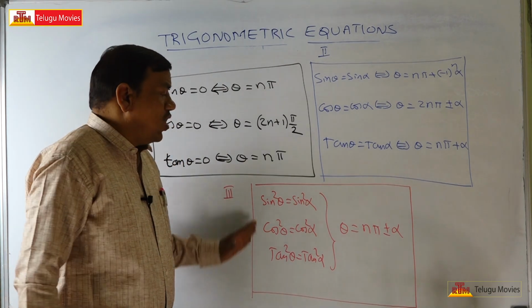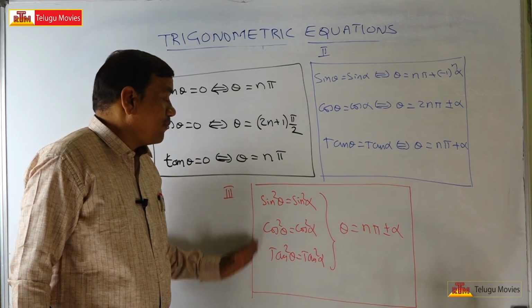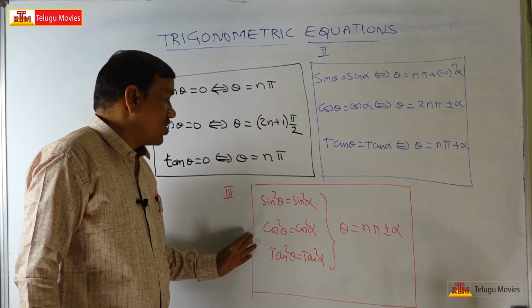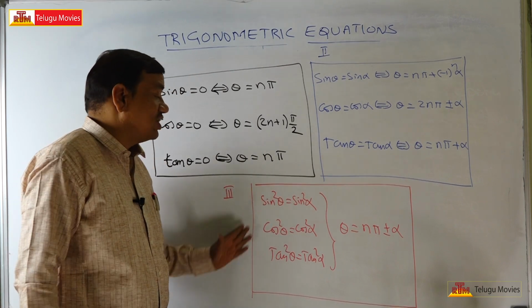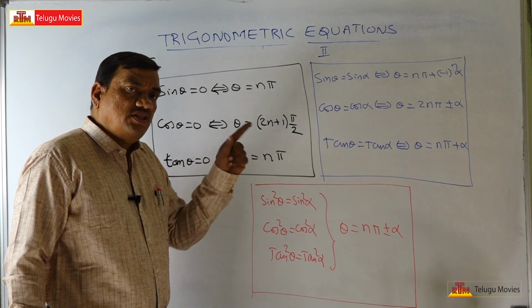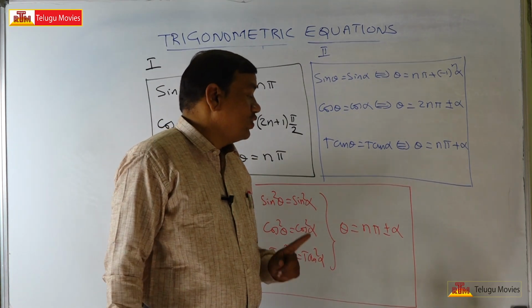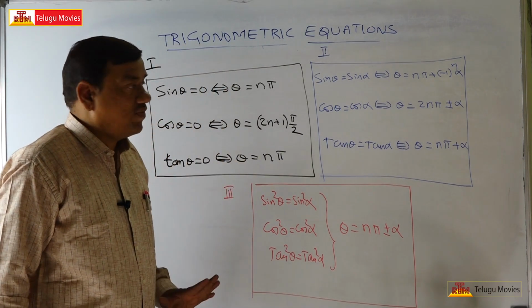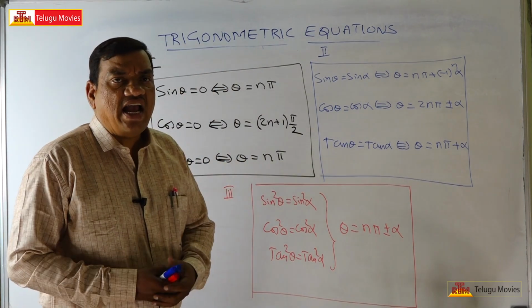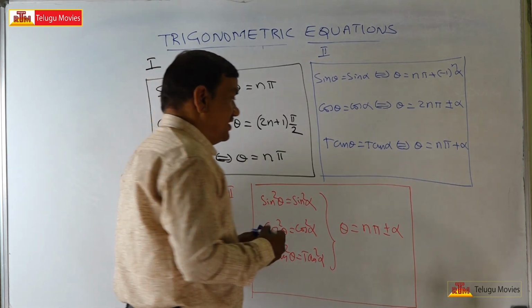For all these three types of problems, sin square theta is equal to sin square alpha, cos square theta is equal to cos square alpha, tan square theta is equal to tan square alpha, there is one and only one solution: theta is equal to n pi plus or minus alpha. For all these solutions, n is always an integer.